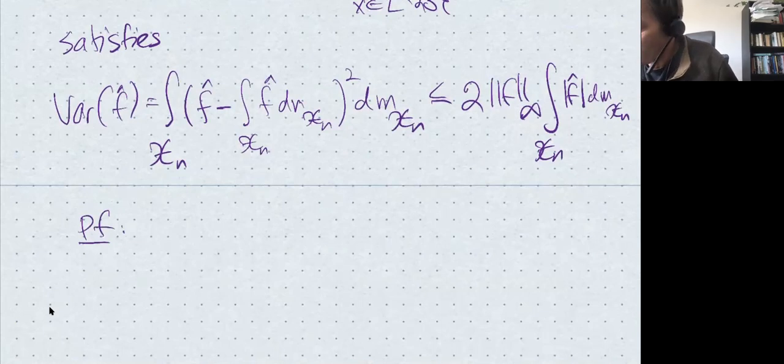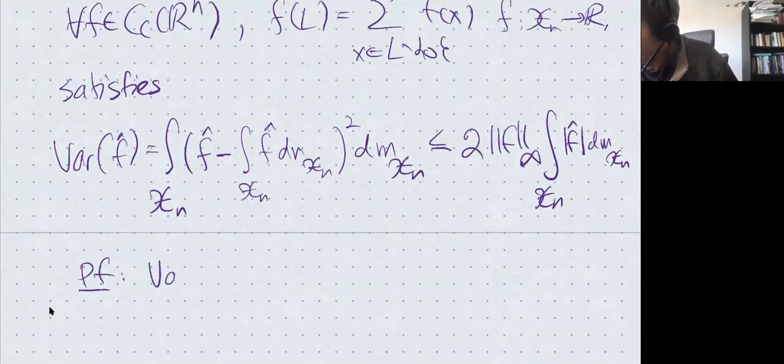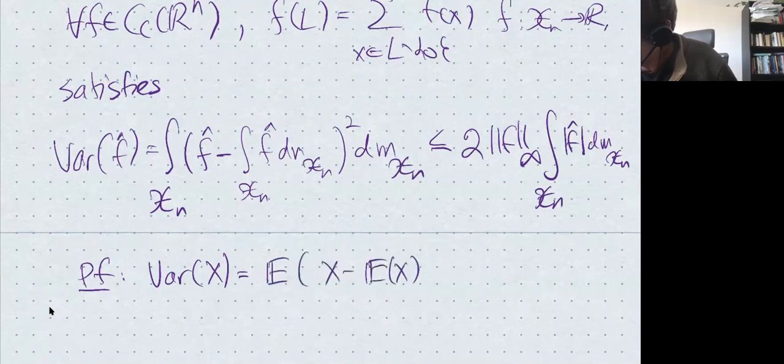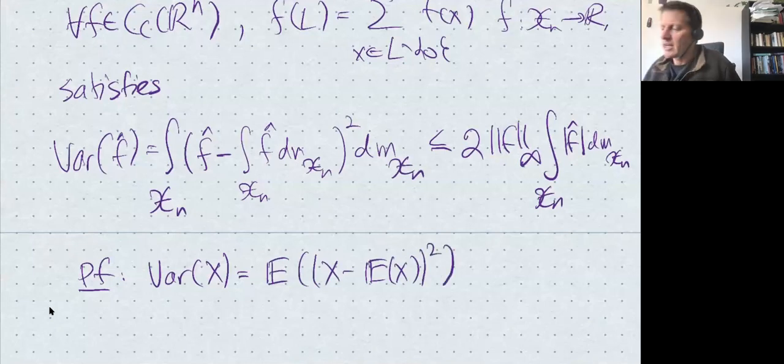So first of all, just to remind you of the formula from probability. The variance of x is the expectation of x minus the expectation of x, quantity squared. So it's the centered second moment.